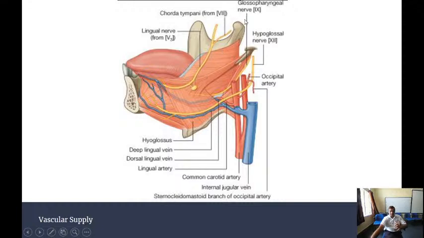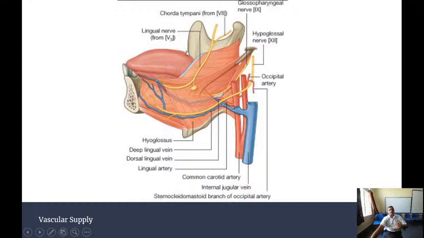Then the third one, the secretomotor fibers, come via the chorda tympani once again, and form a ganglion here, and from there the secretomotor fibers travel in the lingual nerve and supply the submandibular and sublingual glands. That is as far as the sensory component is concerned, the sensory and the secretomotor fibers.